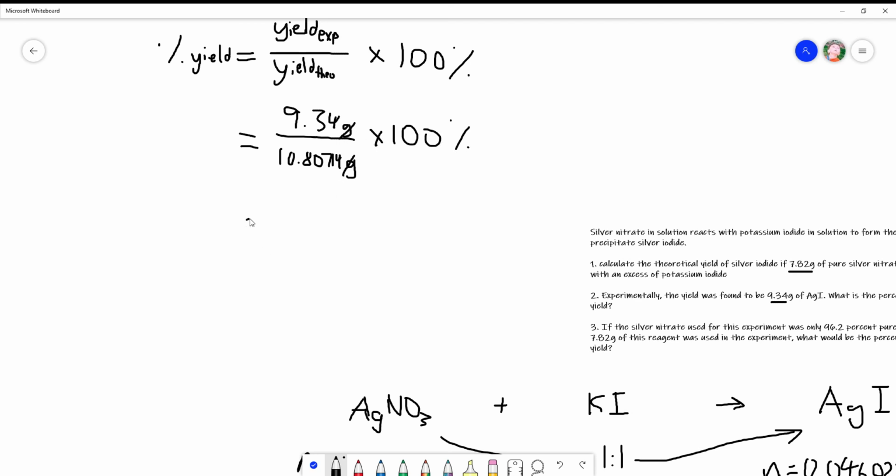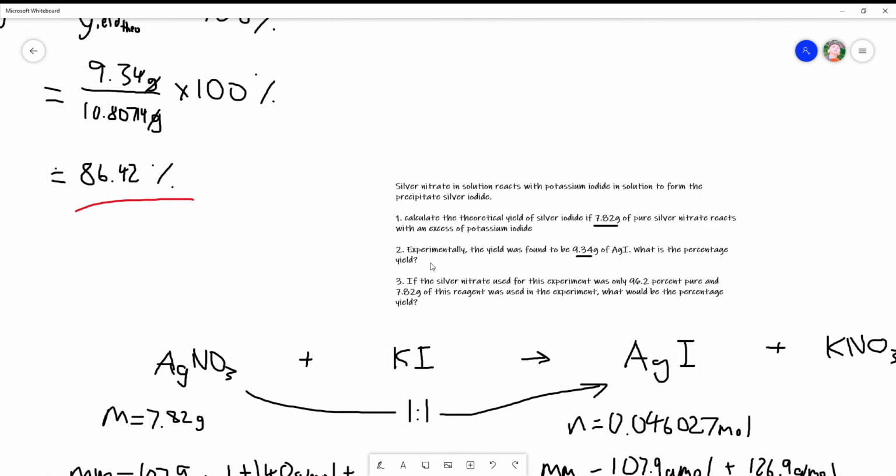Grams cancel each other out, and we get roughly 86.42%. This would be the percentage yield.